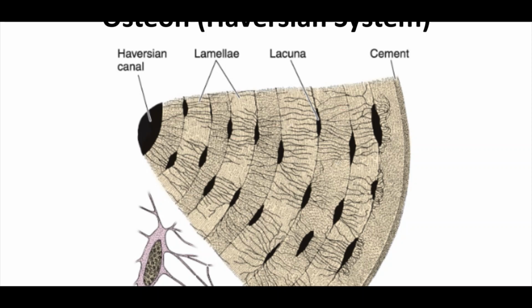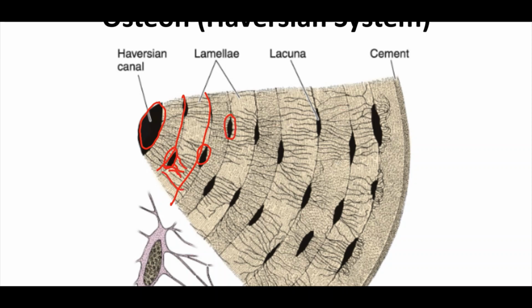This picture here is showing you the same thing. This is the central canal, which is also known as the Haversian canal, and then these are collagen fibers. In the collagen fibers you find osteocytes. The osteocytes have cytoplasmic processes.